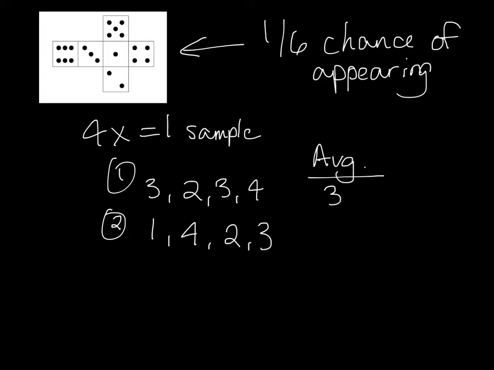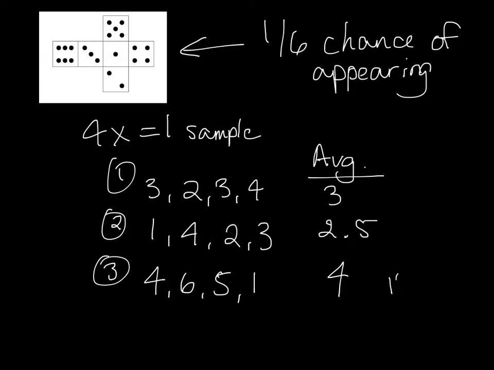My average in this case is 2.5. And then in my third sample, I roll a 4, a 6, a 5, and a 1. My average in this case is 4. So I'm going to repeat this over and over so I end up getting 10 samples.